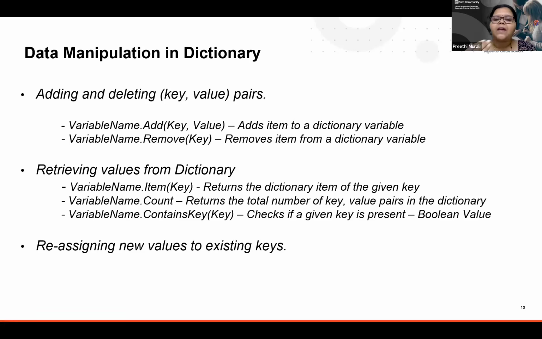Otherwise, it will just update the existing key with the new value. Then we have different ways of retrieving values from a dictionary. We can get the value from the key, we can get the count, we can know whether a particular key exists in the dictionary or not, and we can also reassign new values to the key.